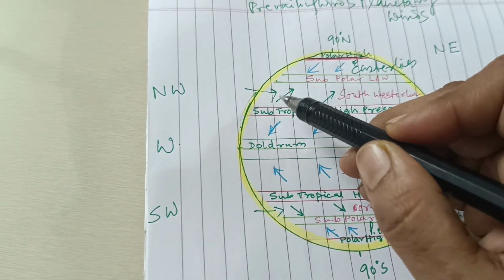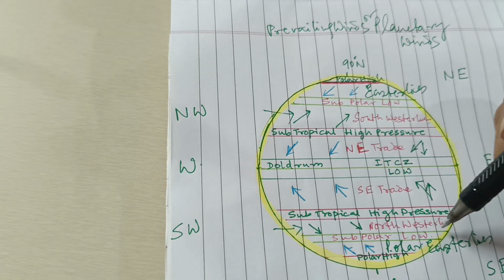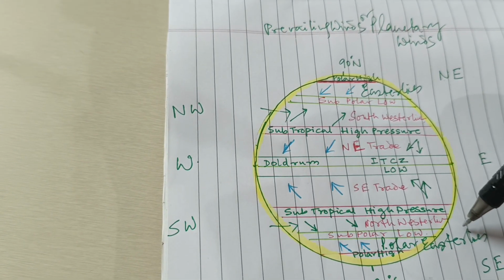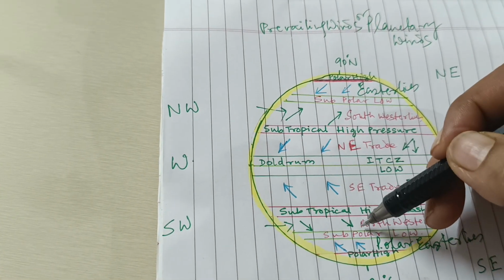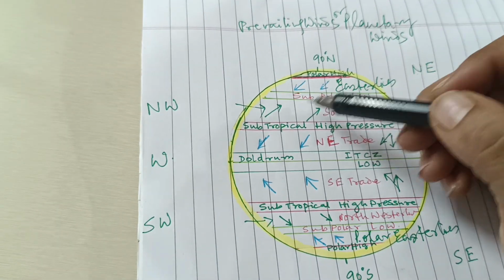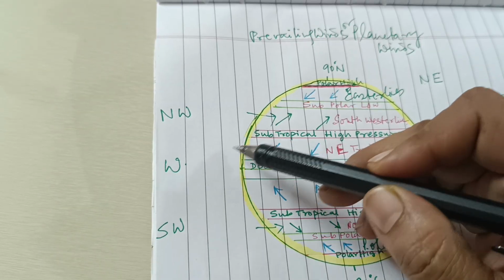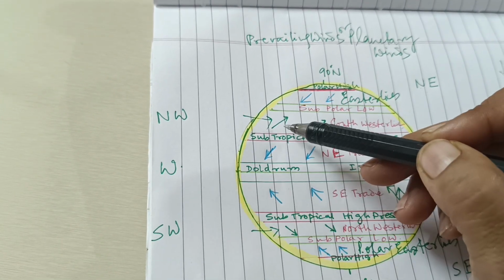And it is northwesterlies. See, in the southern hemisphere we are getting northwesterlies because it is blowing from the northwest side. And in the northern hemisphere we are getting southwesterlies because it is blowing from the southwest.